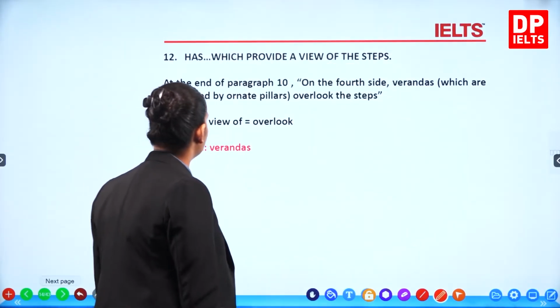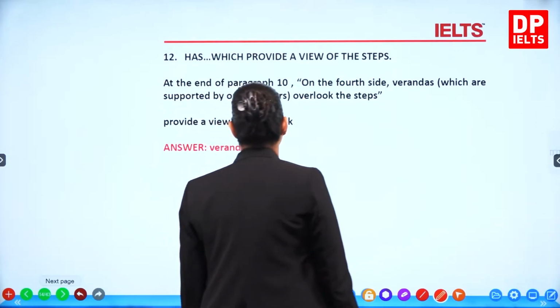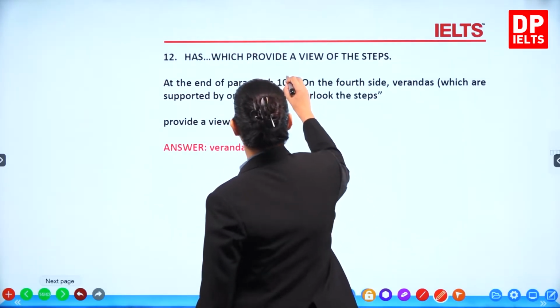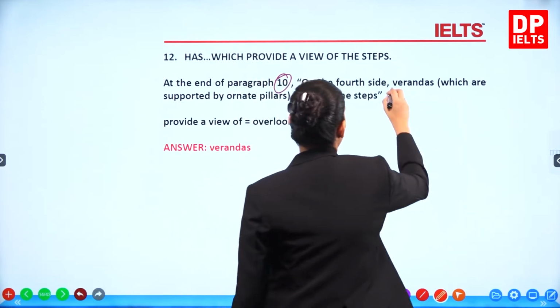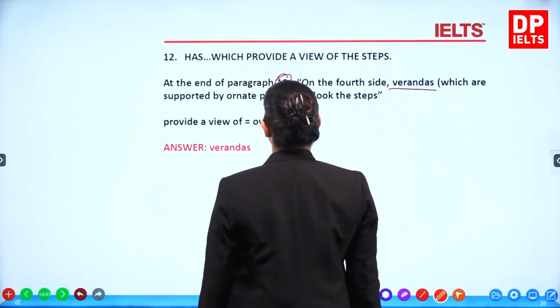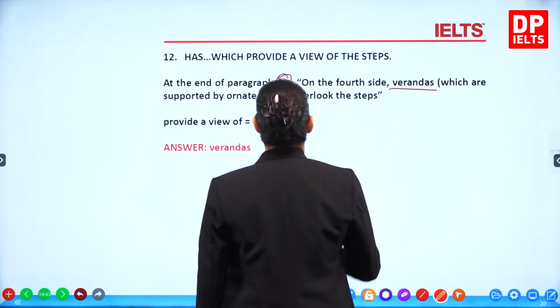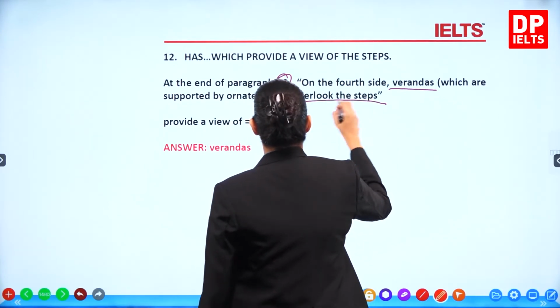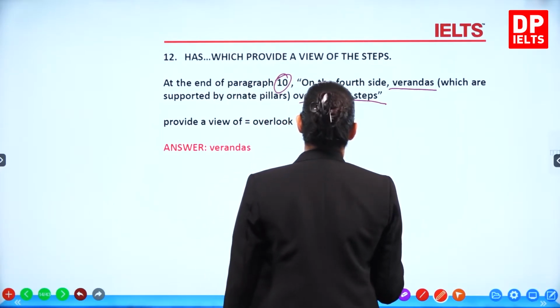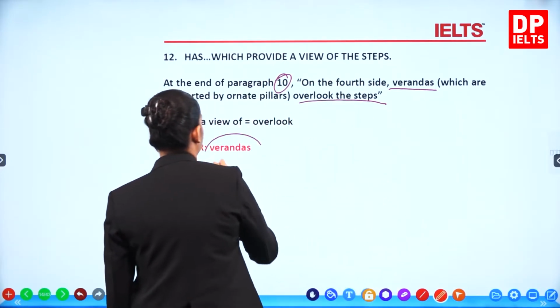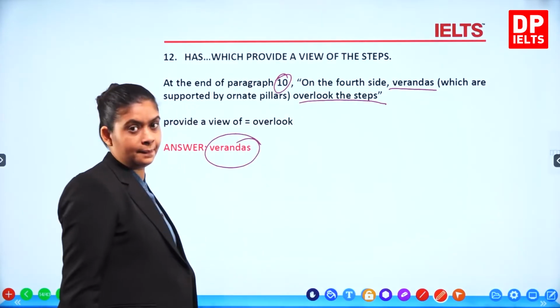Next question, question number 12. Has something which provides a view of the steps. Go to para 10. On the 4th side, verandas, which are supported by ornate pillars, overlook the step. So, has verandas which provide a view of the step. So, that is the answer.